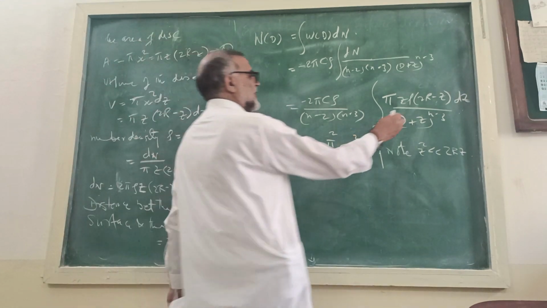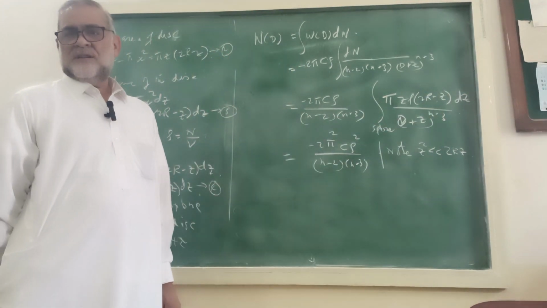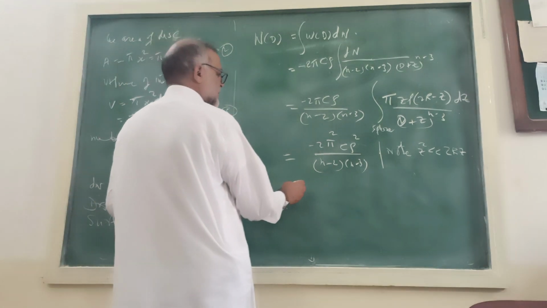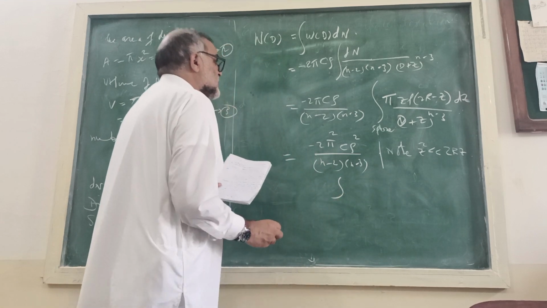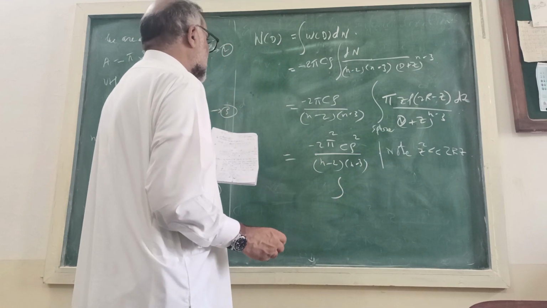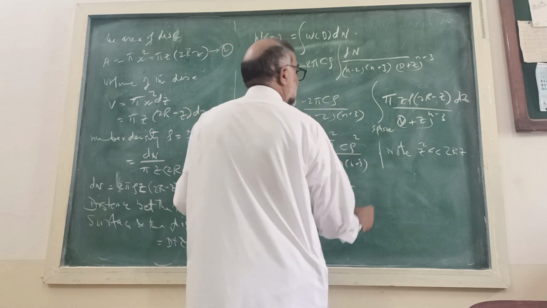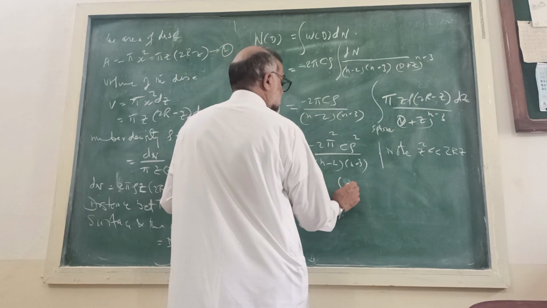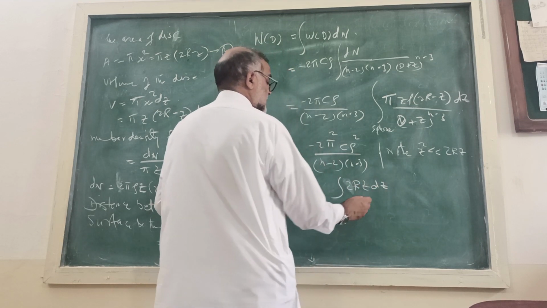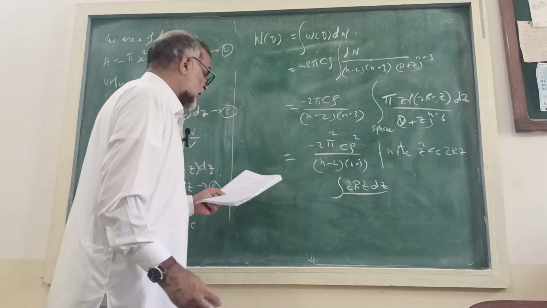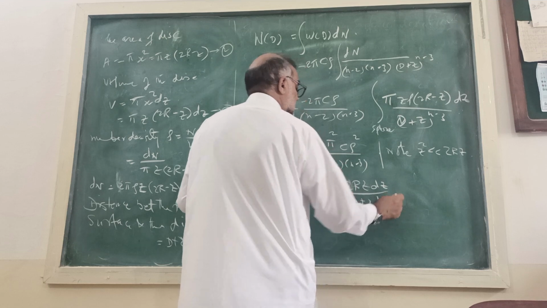Therefore we neglect z as compared with 2r. So this can be simplified here: integration of pi times 2r z dz over (d plus z) to the power n minus 3.